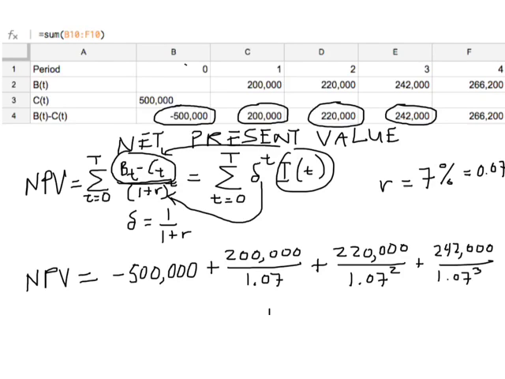And then finally, that fourth period earnings, undiscounted, is $266,200. But it comes 4 years away, so I'm going to need to discount it with a discount factor for 4 years, which is 1.07 to the fourth.